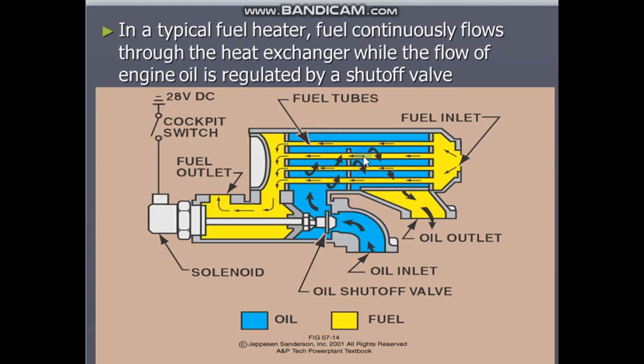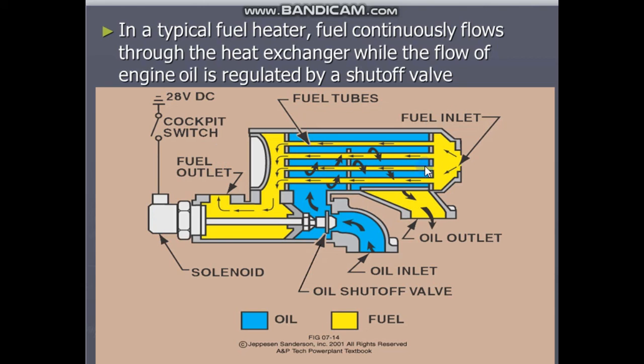As we see in this figure, here we have the inlet of the oil and here we have the inlet of the fuel inside these small pipes. That will make a transfer between the fuel and the hot oil, and this will heat the fuel and allow the fuel to continue to its location.